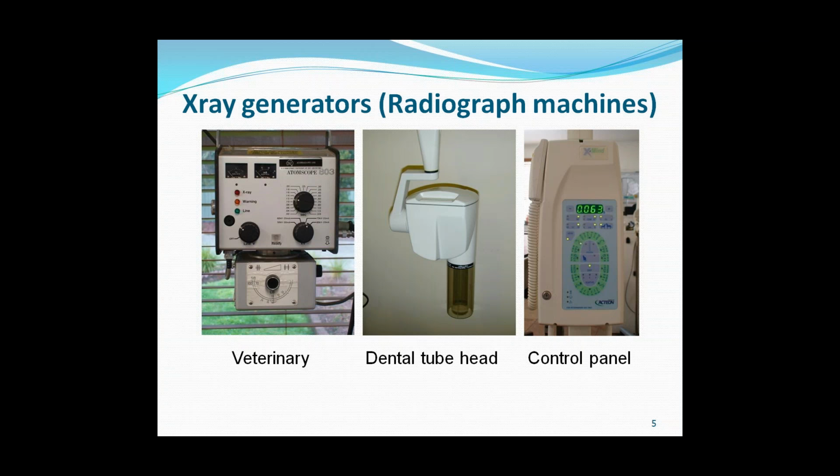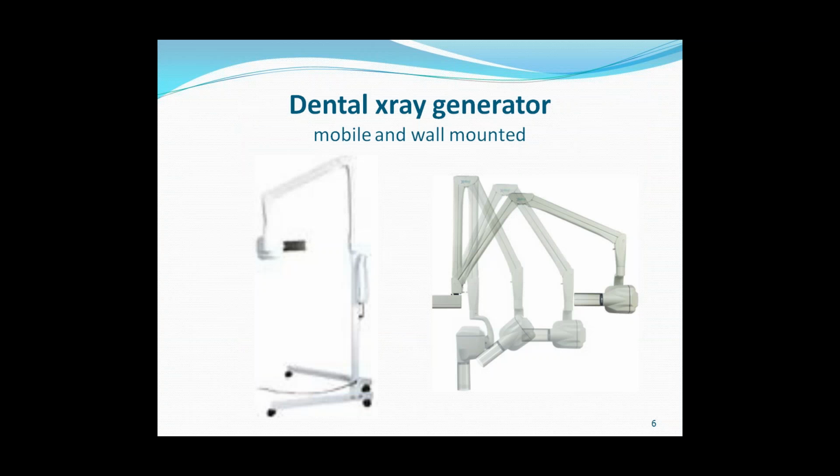I'd encourage you to purchase a dental X-ray tube head as one of the first things you purchase when you start taking X-rays and doing more advanced dentistry, because you'll find it's much easier to take a radiograph of the mouth with a dental tube head versus a veterinary one, mainly because of the positioning factors. The tube rotates around 3 axes, and you'll find that in practice it saves you a lot of time.